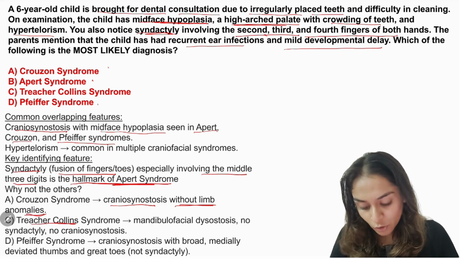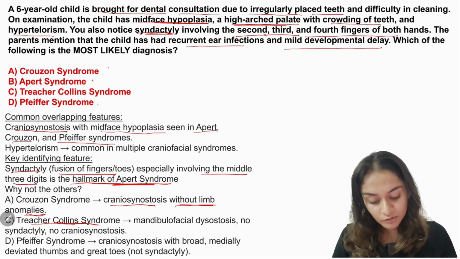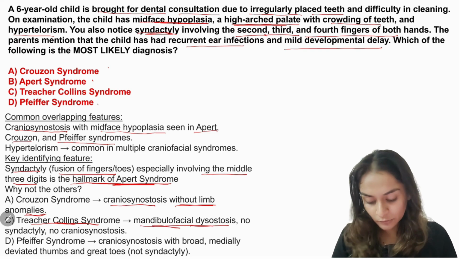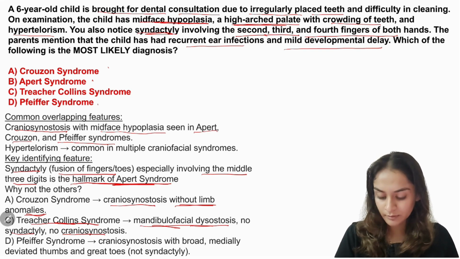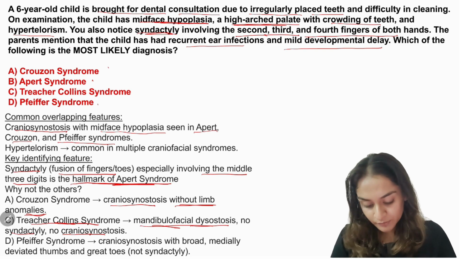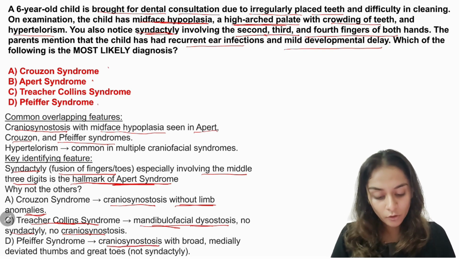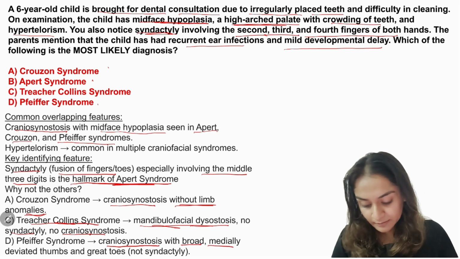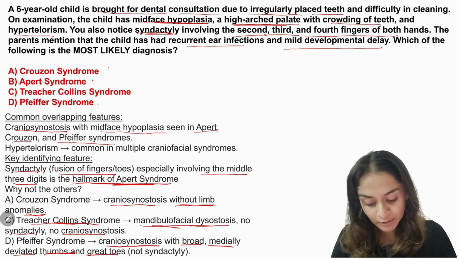Next is your Treacher-Collins syndrome. In this, the child will have mandibulofacial dysostosis and no syndactyly, no craniosynostosis. And your last is Pfeiffer syndrome. There is craniosynostosis with broad, medially deviated thumbs and great toes.